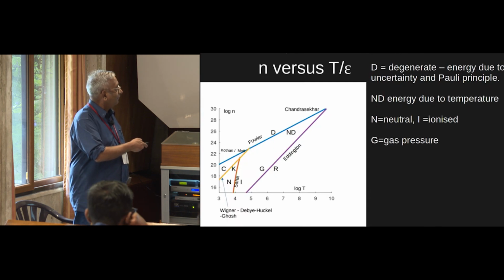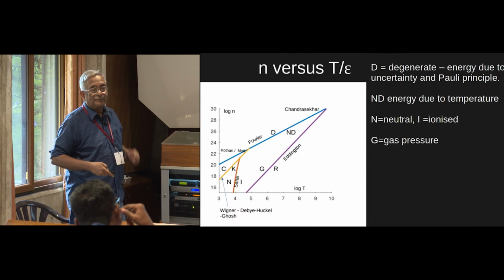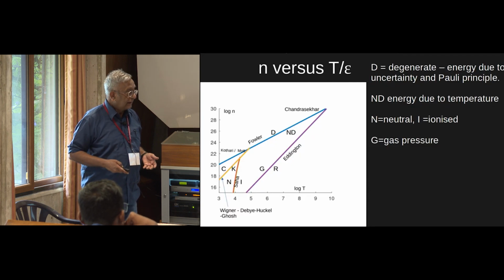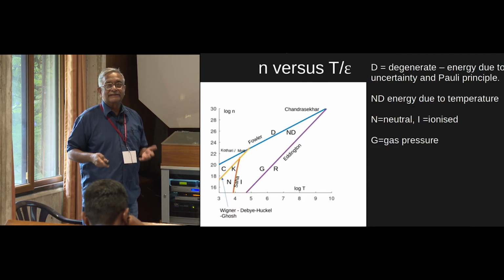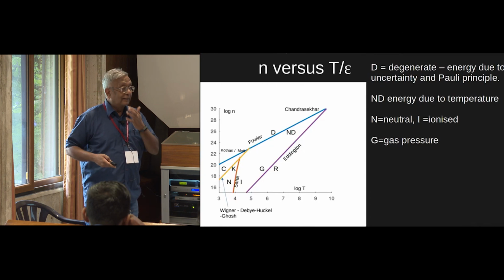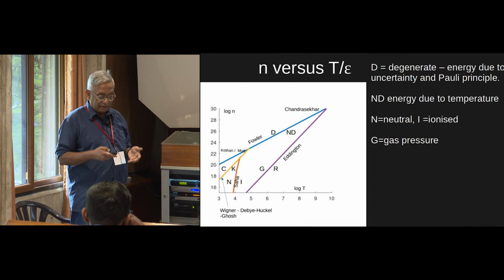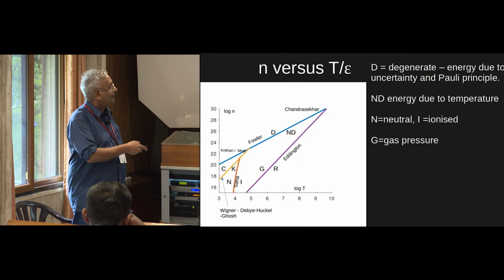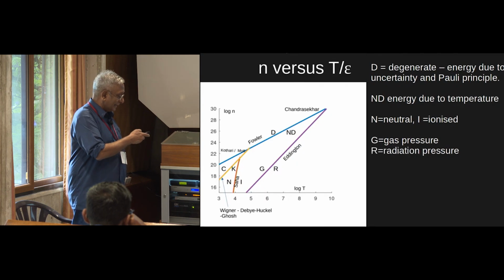So this line was actually drawn by Eddington, and it's a very interesting calculation, because he simply says that if you had some physicists who had never seen a star, and you ask them to predict whether such a star could exist, what they would probably do is equate radiation pressure and gas pressure, and they would arrive at a point on this line.